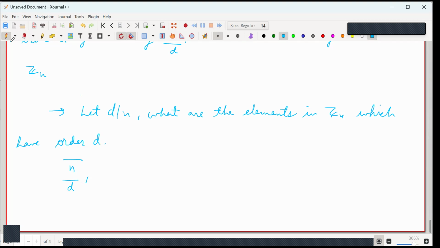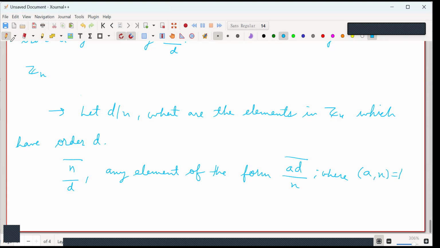You just check any element of the form a times n by d, where a and d have gcd 1.